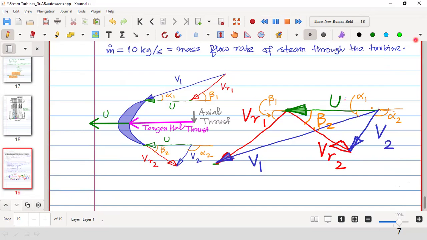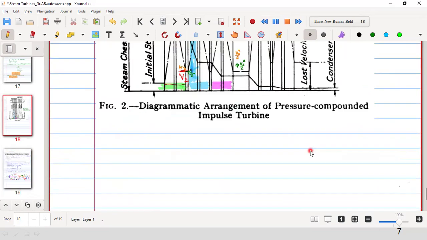So the tangential thrust, as we know, is equal to m dot Fu that we have calculated in the first day. Fu is the mass flow rate multiplied by the change in velocity in the wall direction. I am just referring so that you can follow.